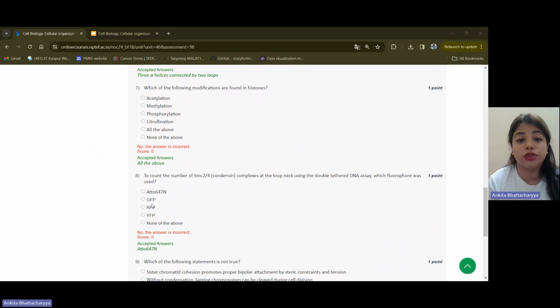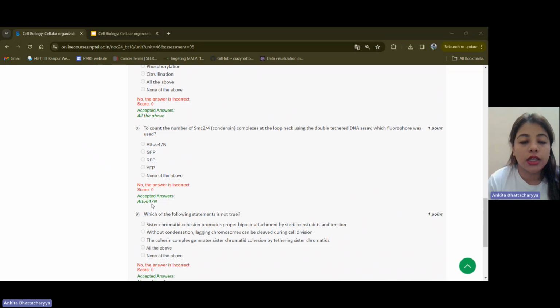Therefore, citrullination of histones can be considered an activation mark because it allows transcription to proceed. So with this in mind, the correct answer would be all of the above, because acetylation, methylation, phosphorylation, and citrullination can all occur for histones, and they have transcriptional consequences in the long run.